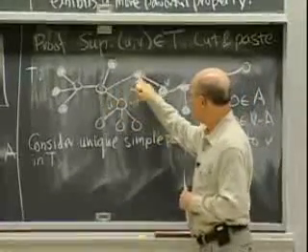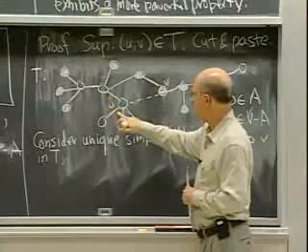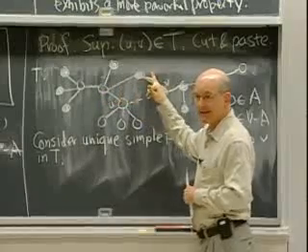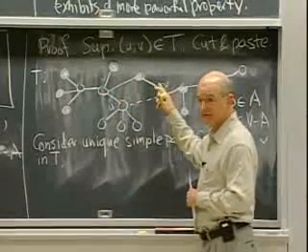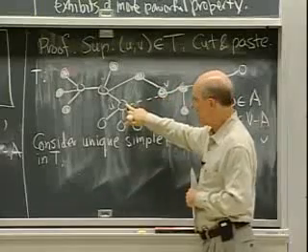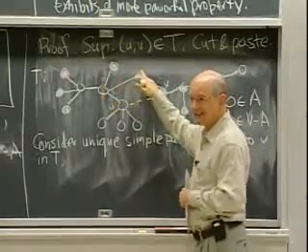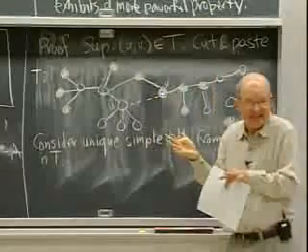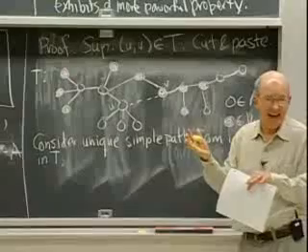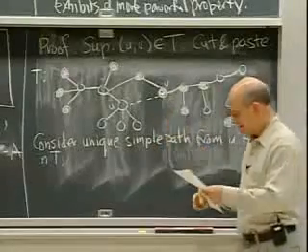And along that path, there must be a point where I connect from a vertex in A to a vertex in V minus A. Why? Well, because this is in A, this is in V minus A. So along the path, somewhere there must be a transition. They're not all in A, because in particular V isn't.